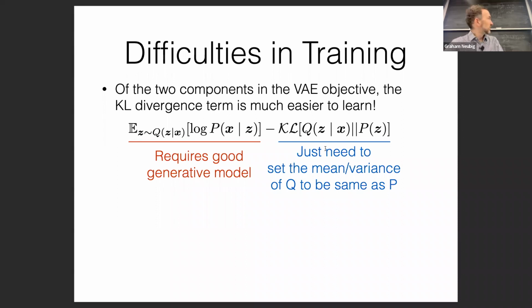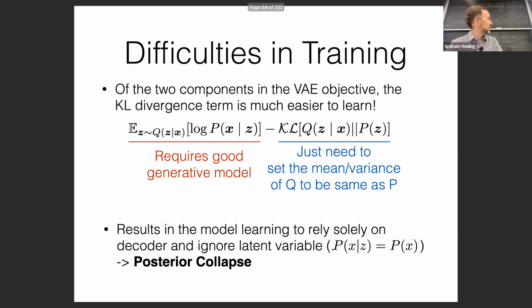So the problem is, right at the very beginning of training, when you don't yet have a good generative model, this gets optimized, and then you have something called posterior collapse, which results in the model learning to rely solely on the decoder and ignore the latent variables here.